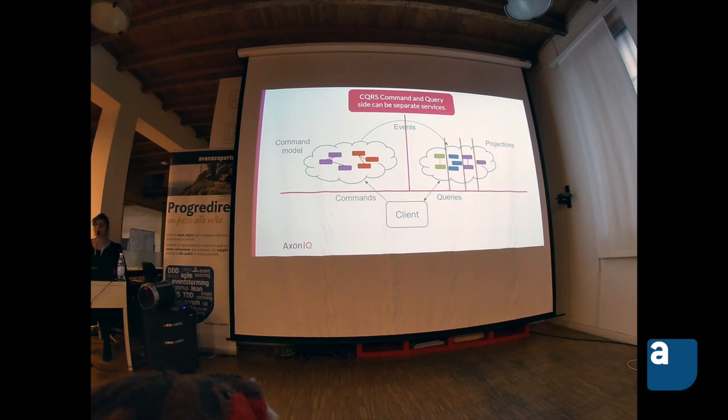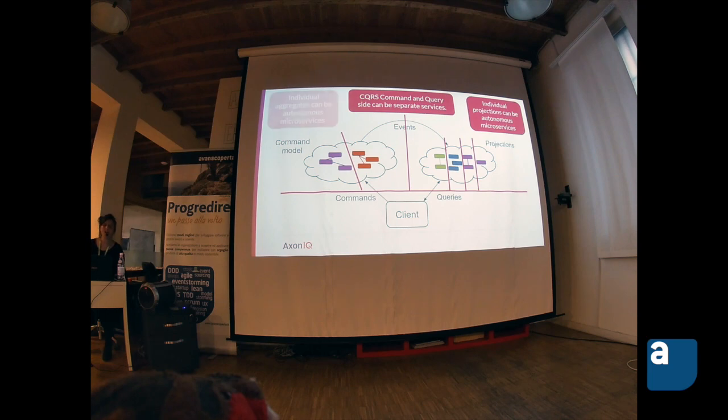And also we have projections that are no more a unique big domain, but are composed of small domains, small materialized views that represent one specific use case that can be deployed autonomously if we need. Maybe we don't need to, but potentially you can.